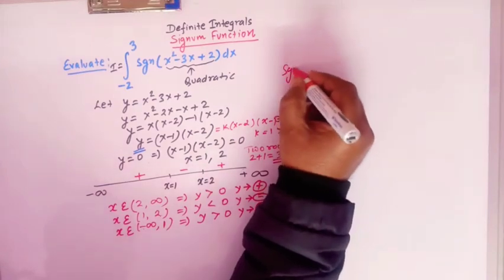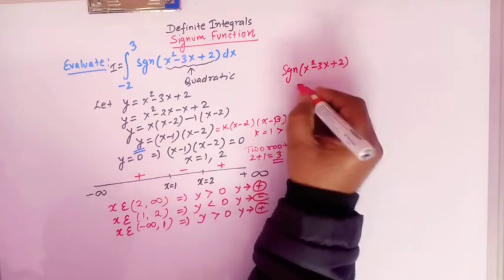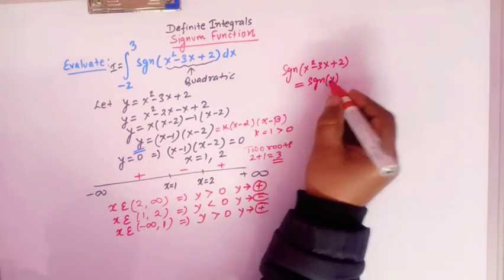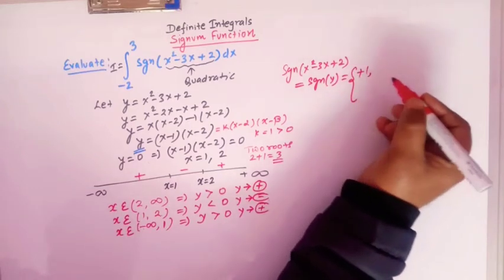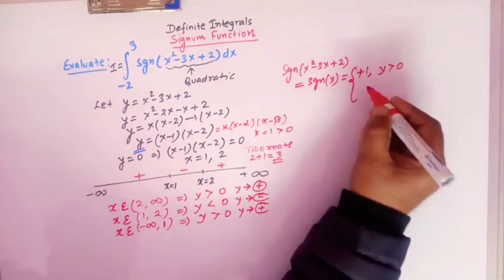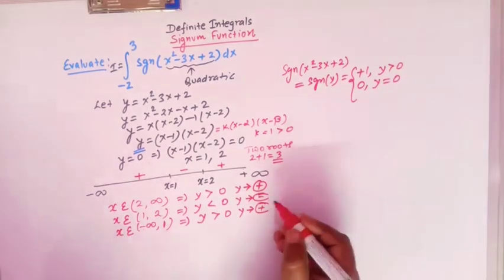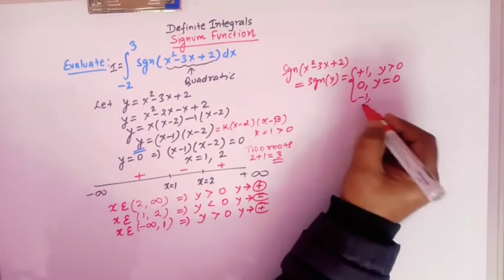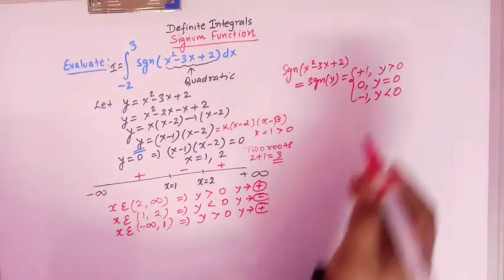Signum of x square minus 3x plus 2 is equal to signum of y, right? And signum of y is equal to plus 1 whenever y is greater than 0, signum of y is equal to 0 whenever y is equal to 0, and signum of y is equal to minus 1 whenever y is less than 0. And what is y?